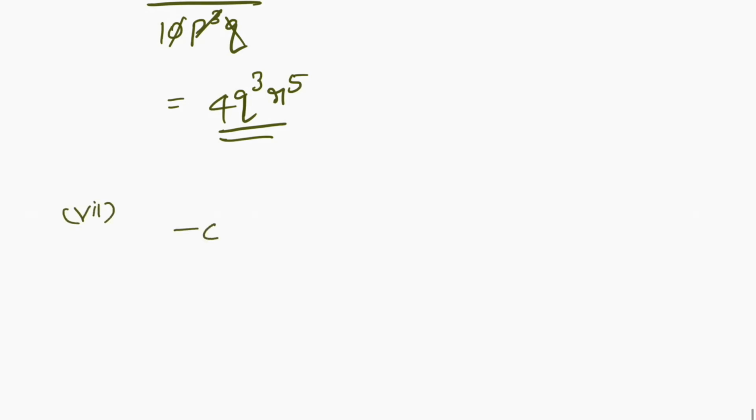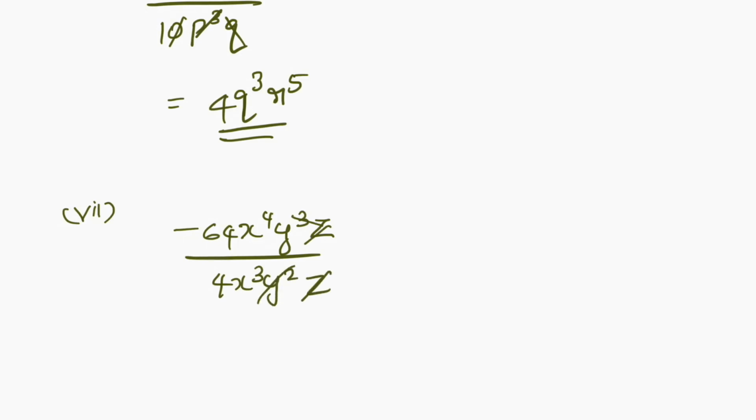Seventh one, minus 64x to the power of 4 y to the power of 3 z by 4x cube y square z. 4 goes in 64 how many times? 16 times.